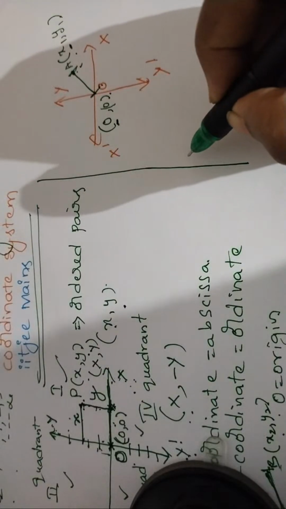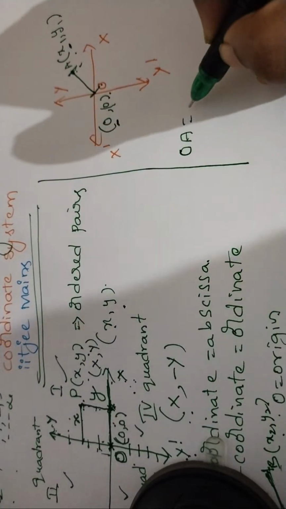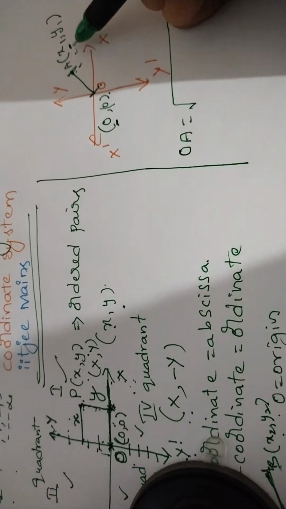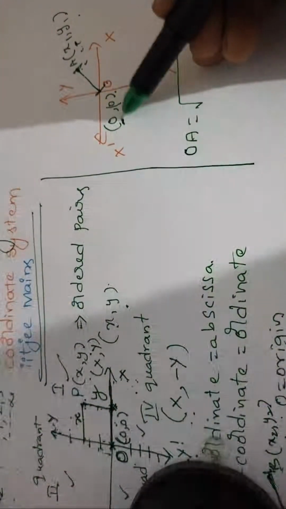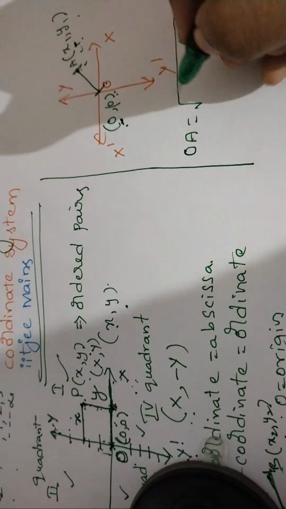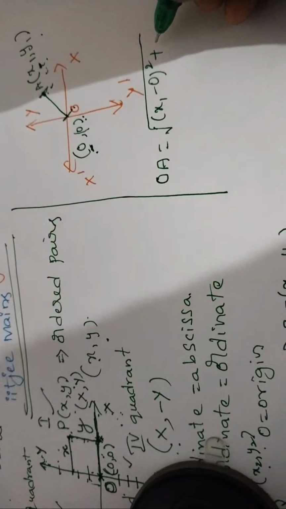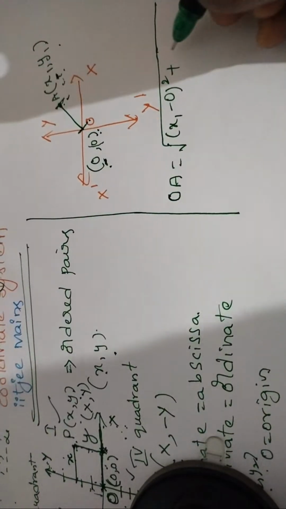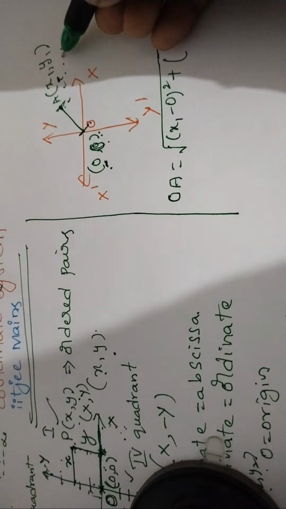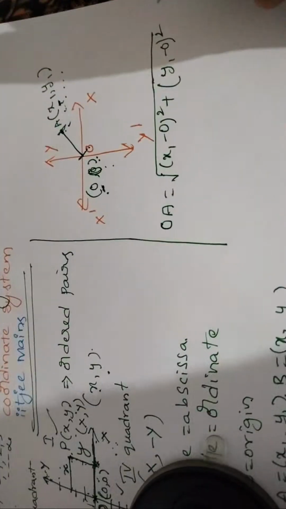So the distance OA is the square root of, taking x1 y1 and 0 0, x1 minus 0 whole square plus y1 minus 0 whole square.